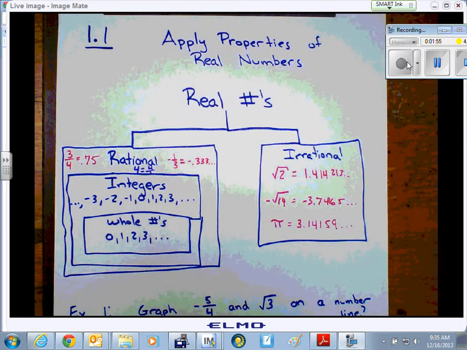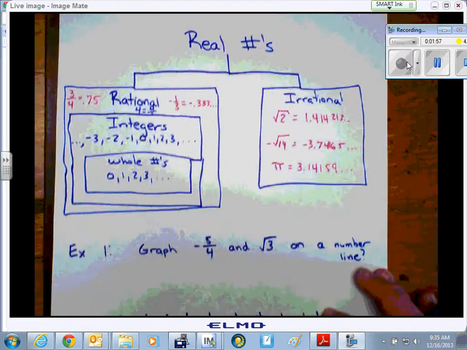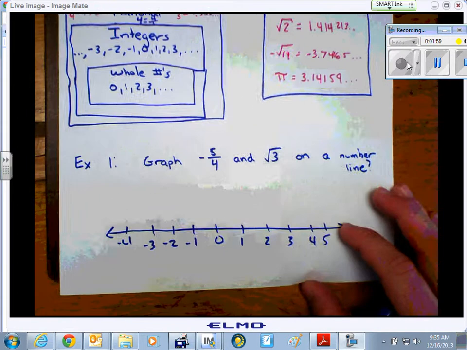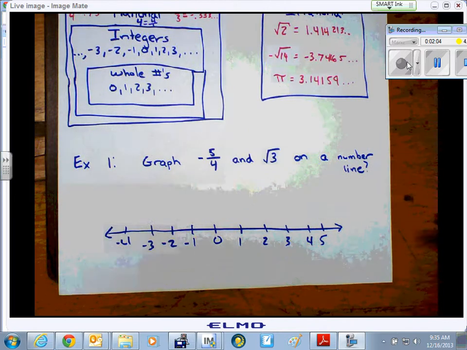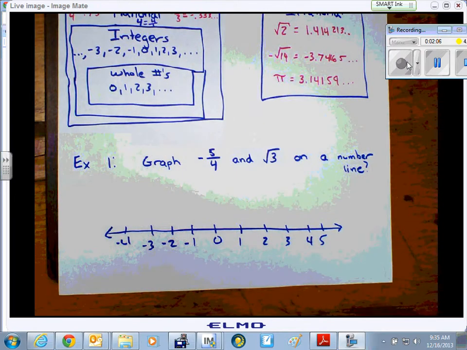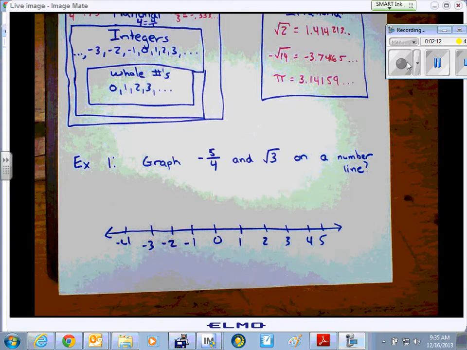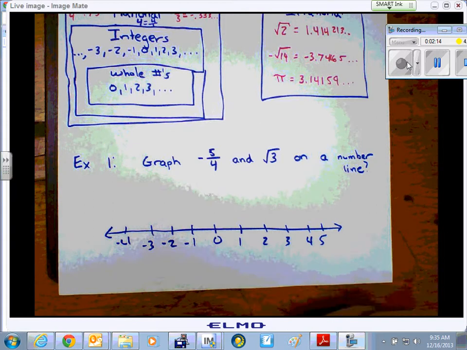Okay. So example 1, this is from your textbook, they want you to graph negative 5/4 and the square root of 3 on a number line. So the first thing I like to do when I see a problem like this is to convert these two numbers into decimals. That way you can graph them pretty easily.